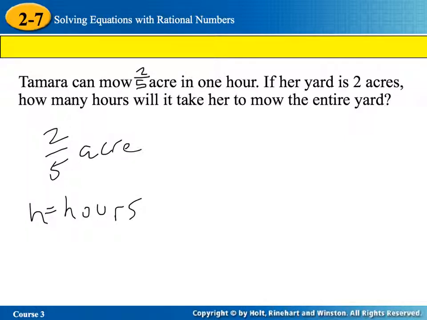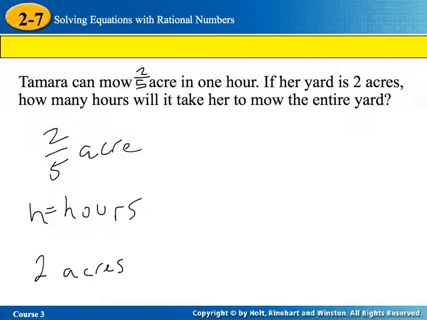Then, it says that her yard is 2 acres. So what's the distance of her yard? Her distance is 2 acres. However, we want to figure out how long it will take her to mow. So how can you figure out this equation? Well, if she goes 2/5 of an acre every hour, we have no idea how many hours. She needs to go 2 acres.